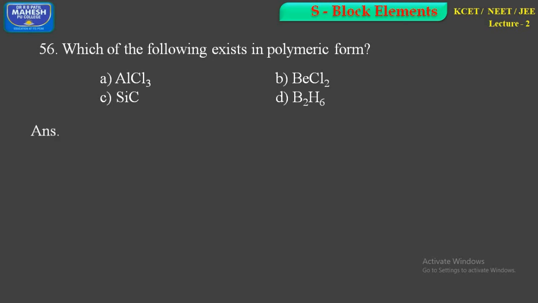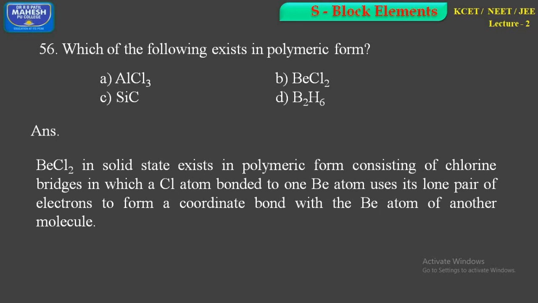Students, beryllium chloride in the solid state exists in polymeric form consisting of chlorine bridges, in which a chlorine atom bonded to one beryllium atom uses its lone pair of electrons to form a coordinate bond with the beryllium atom of another molecule. So with this, option B is the right answer, beryllium chloride.